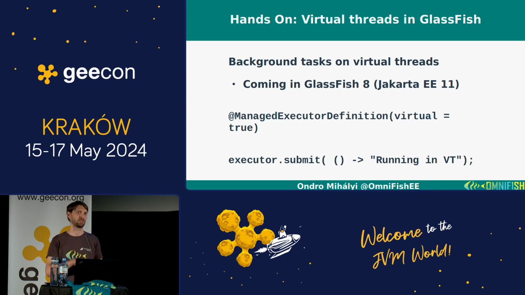And then it doesn't have to use a thread pool. It can create a new thread every time a task is submitted. So in the end, when you call the last line, executor submit with something, that something will run in a virtual thread automatically. You just need to give a hint to the application server that it should create a virtual thread executor and not a normal executor with platform threads.